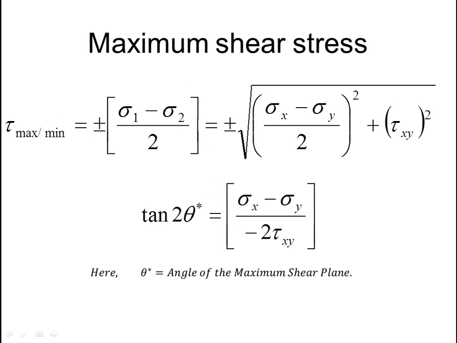The maximum shear stress can be determined by plus minus sigma 1 minus sigma 2 by 2, which is equal to plus minus the root of sigma x minus sigma y by 2 square plus tau xy square. The angle of the maximum shear plane can be determined using tan 2 theta star equal to sigma x minus sigma y divided by minus 2 tau xy.